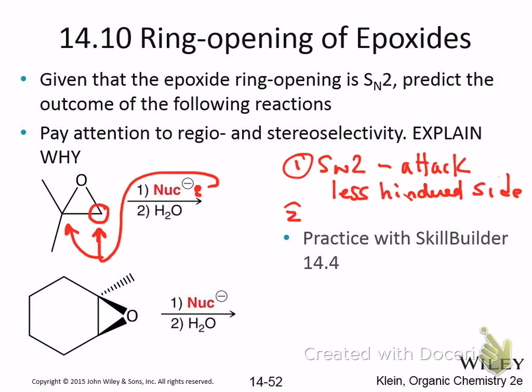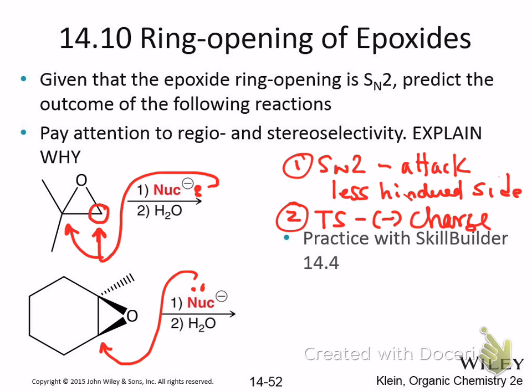And the second thing is the transition state has a negative charge in it. The negative charge will show up here, on the less substituted side. If you remember, carbanions like being on less substituted carbons, because there's less electron donation at that point. So in both these instances, the nucleophile attacks the less sterically hindered side, and in this one it'll attack here.